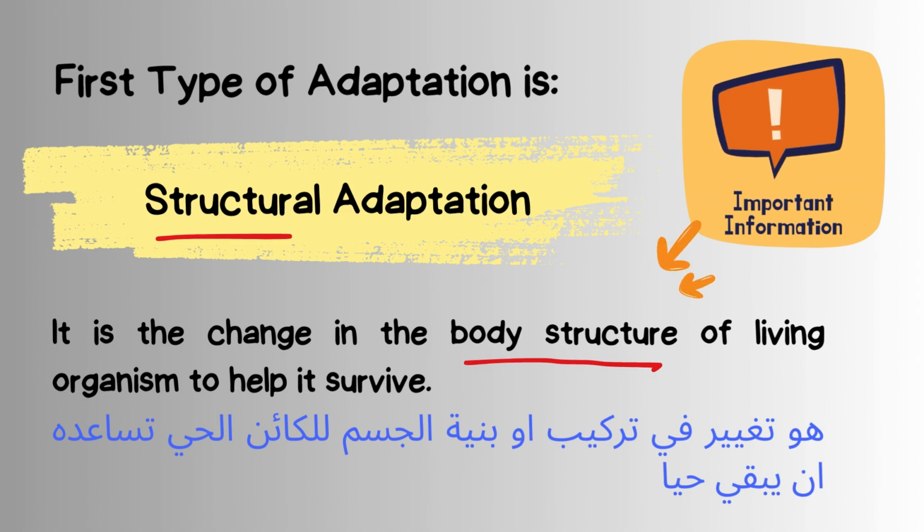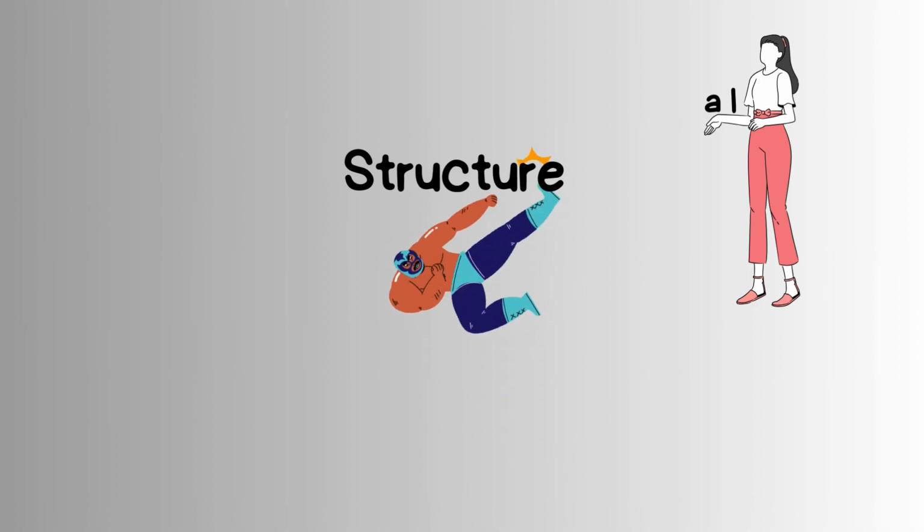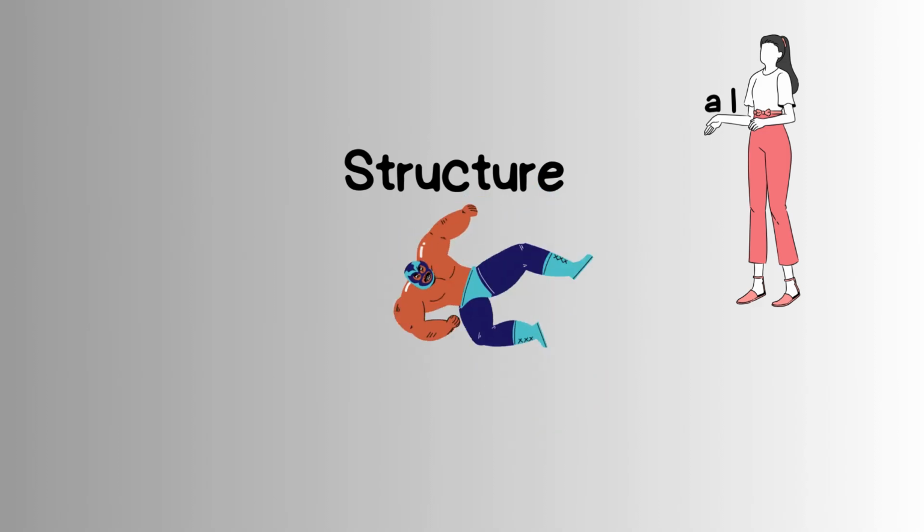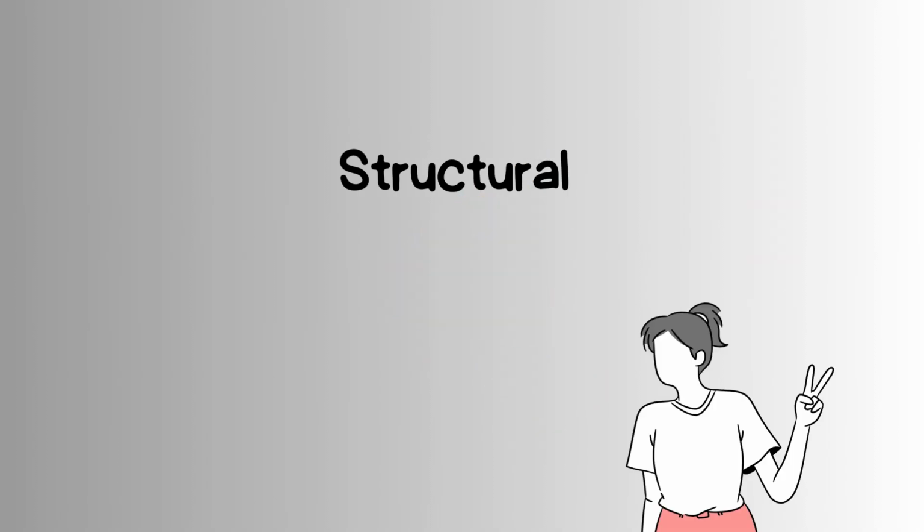It is a change in the body structure of a living organism to help it to survive. And as it depends on the body structure, we call this type what? Structural adaptation. We have the word structure, without the E at the end, and we put instead of this E, A-L.